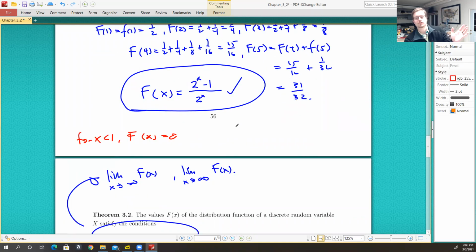We have infinite values as we increase, but we can plug in 1, 2, 3, 4, 5, 6, 7, 8, and that continues on forever. But we can't plug anything in that's less than 1. So everything less than 1, we would say that the cumulative probability is 0.